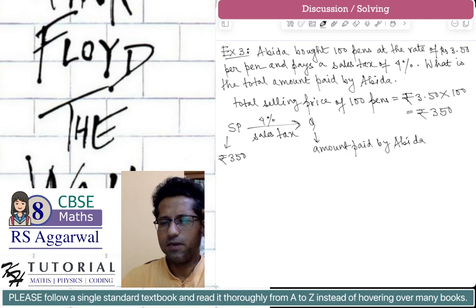So what will be Q? There is a 4% sales tax that needs to be paid on SP.